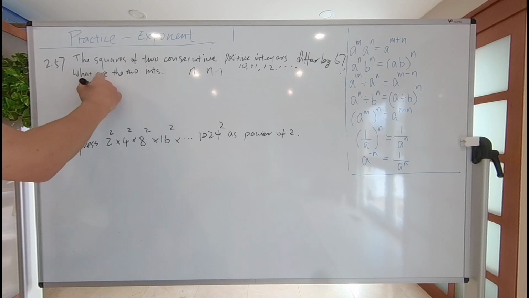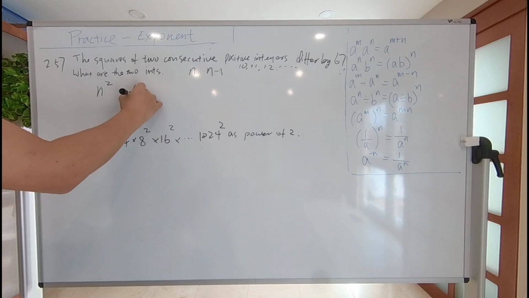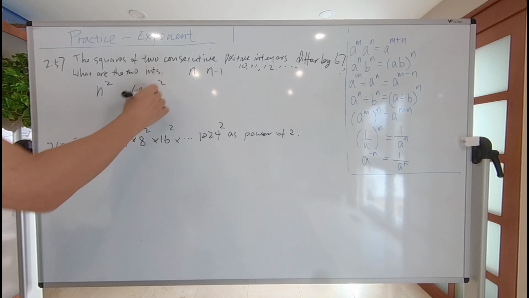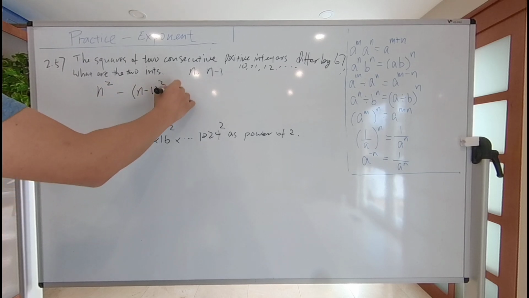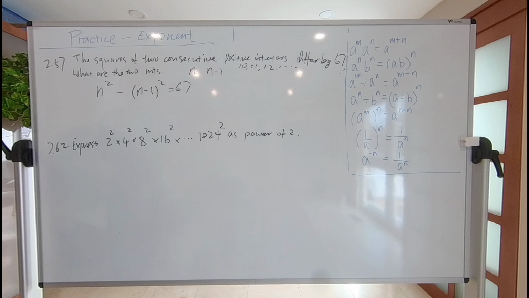So the squares of the two consecutive integers are n squared and n minus 1 squared, and they differ by 67. So this subtract that is 67. Right, so it looks like I can look for the integer n that can fit into this equation.